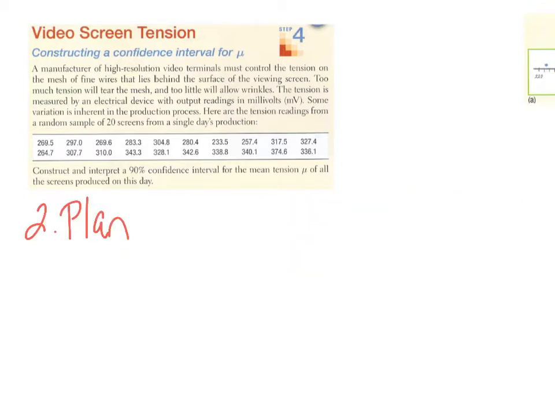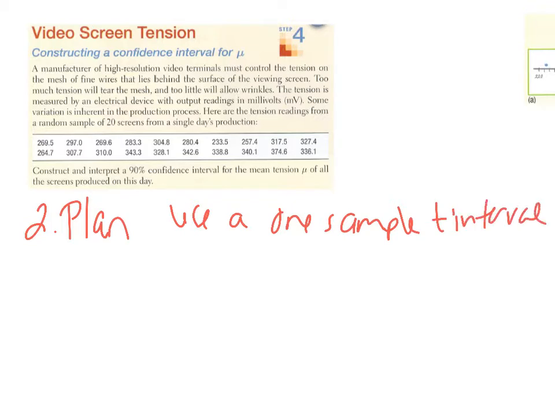So from here I move on to the planning stage. We will plan to be using a one sample t interval, because I'm calculating a mean here, if my conditions are met. One sample t interval, t distribution.